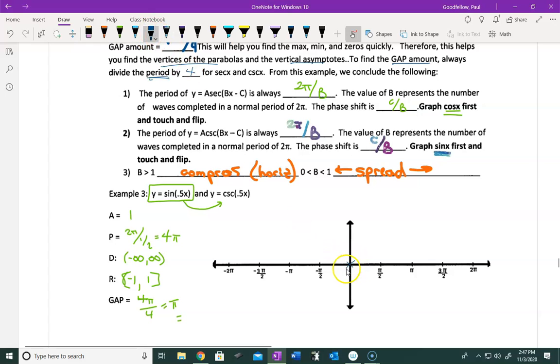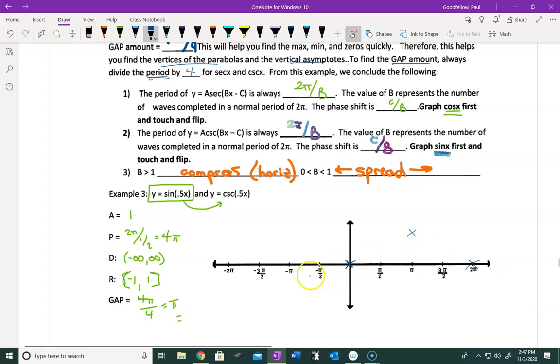Now, in a normal sine wave, we would expect it to start at the origin, and then the next critical value would be pi units away, which would be it going up, so it'd be right there. And then it would return back a pi distance more to another critical value at 2 pi. Now, that's only showing half of the wave, which makes sense because it should be more wavelength in terms of the actual period.